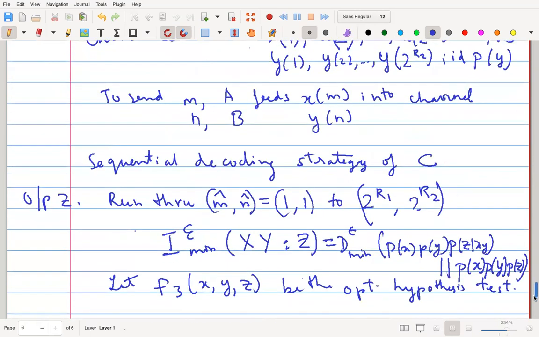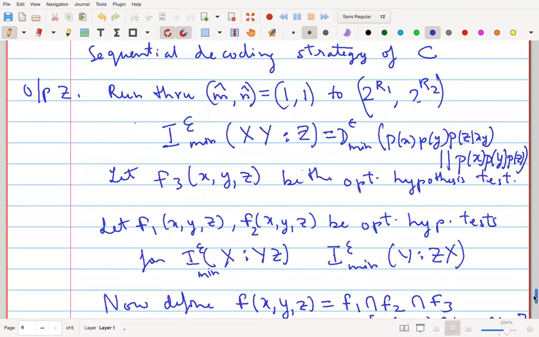Okay, so run through all the candidates, and let us say we're at a particular candidate n hat. Accept the current candidate n hat with probability f.